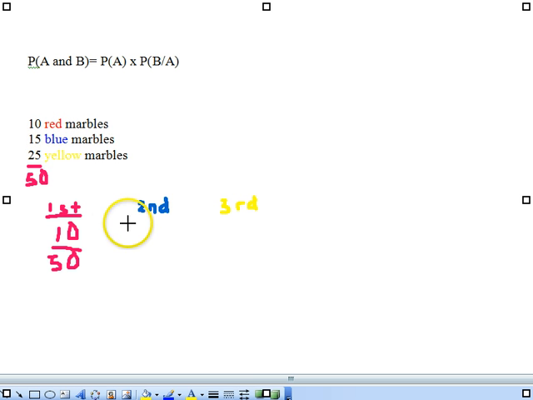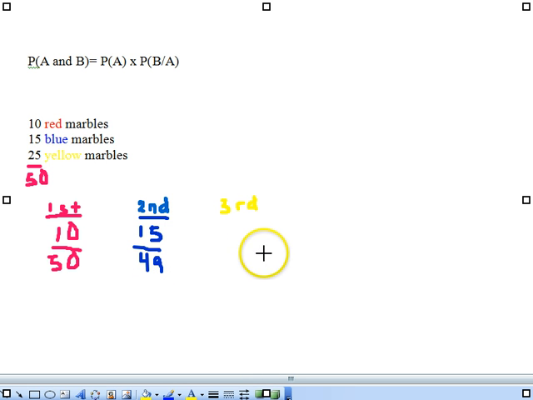There are 15 total blue marbles, so for the second draw, your total number of favorable outcomes will be 15. And then your total number of possible outcomes is not 50 anymore because you did not replace this first marble that you drew. So now you have 49 possible outcomes.